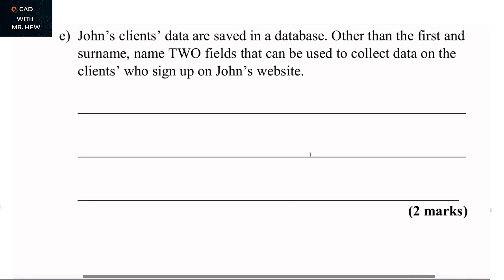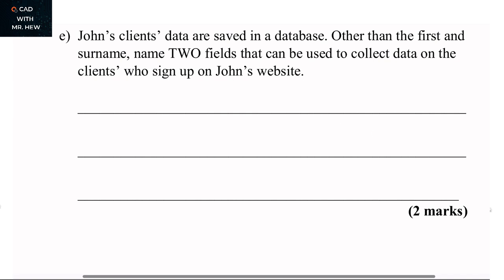Let's look at question 1E. John's clients' data are saved in a database. Other than the first name and surname, name 2 fields that can be used to collect data on the clients who sign up on John's website.